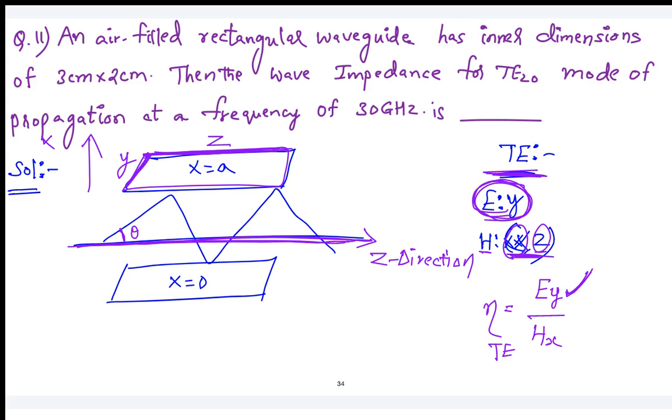Now the next thing, how to find out the value of Hx. So do you think that this is your direction of propagation, right? Actual direction of propagation is this. Do you think that the magnetic field also lies in the same direction? Same direction means, along the wave propagation.